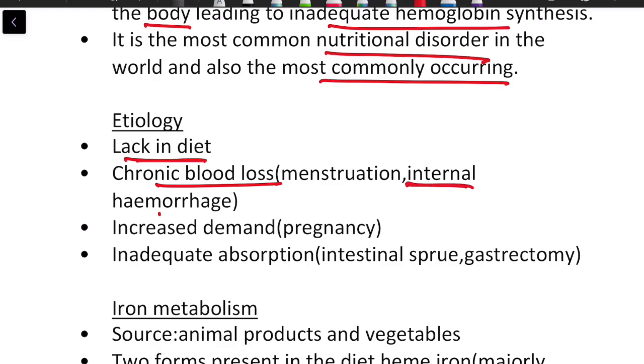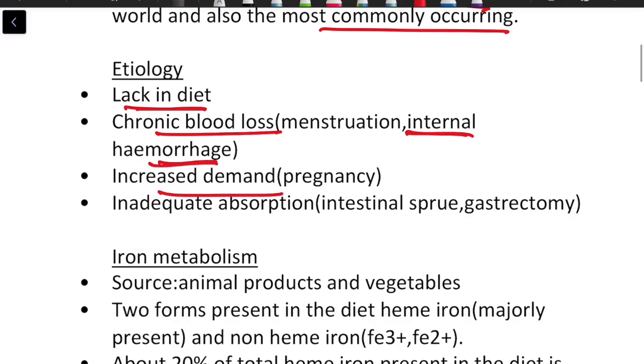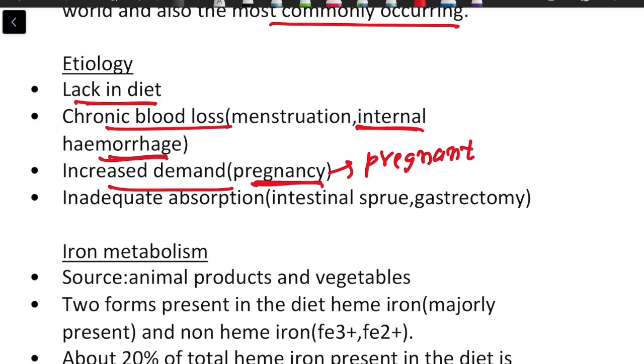If there is internal hemorrhage in a body cavity, for example in the GIT or in different organs, which is going unnoticed, then that can also cause iron deficiency anemia. Or if there is increased demand, for example in a pregnant lady, her fetus requires iron for the synthesis of hemoglobin too. So now we have two people, the pregnant lady and the fetus. So there is increased demand, and if this demand is not met, then that can also cause iron deficiency anemia.